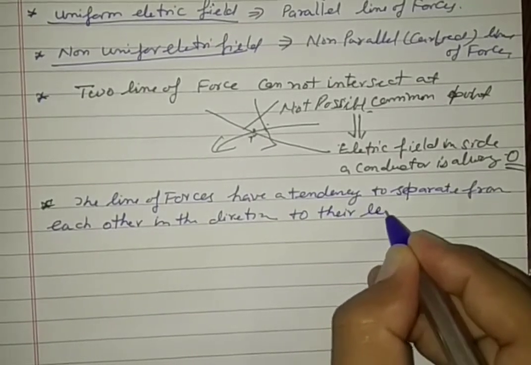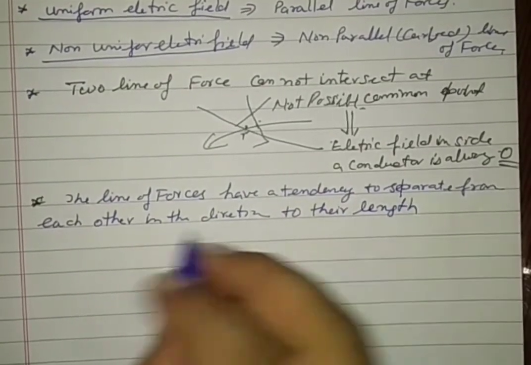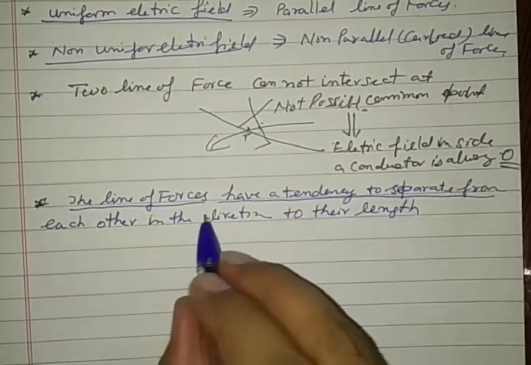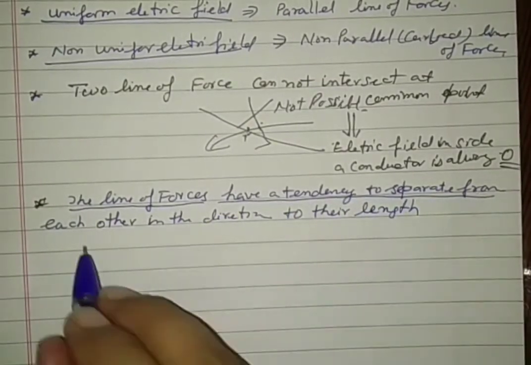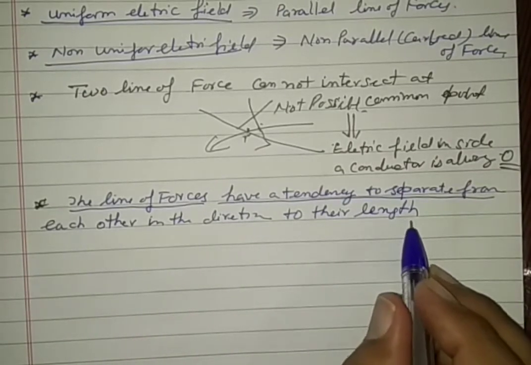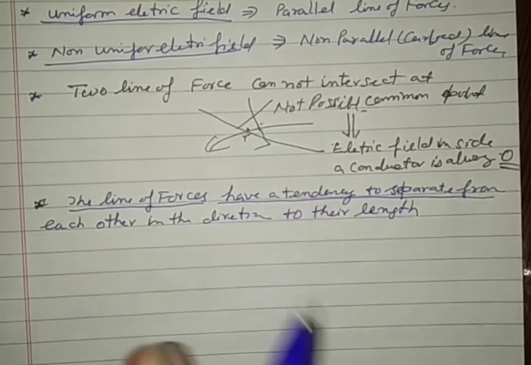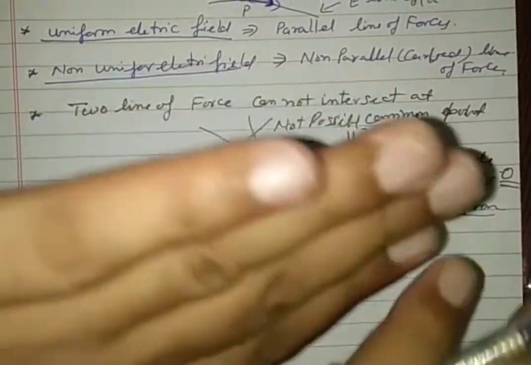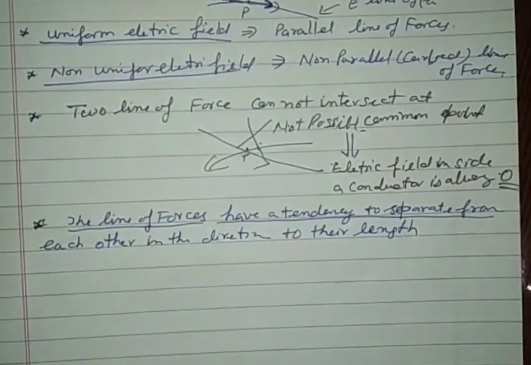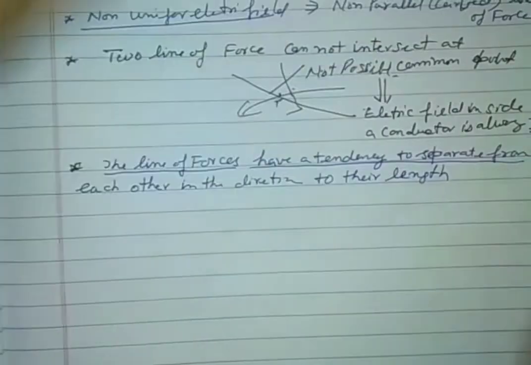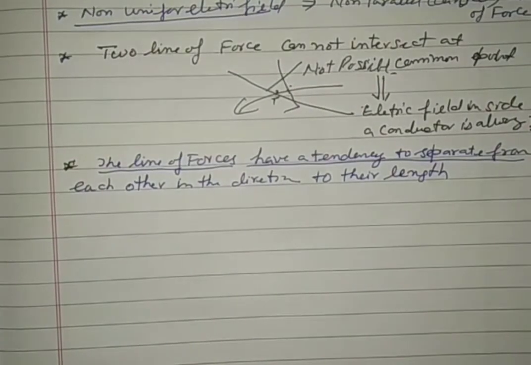See, this is one important property of the electric line of forces. These have a tendency to separate from each other in the direction of their length. So they can never intersect. Whenever they pass near, they will get separated, never intersect in this way. They are always separated.